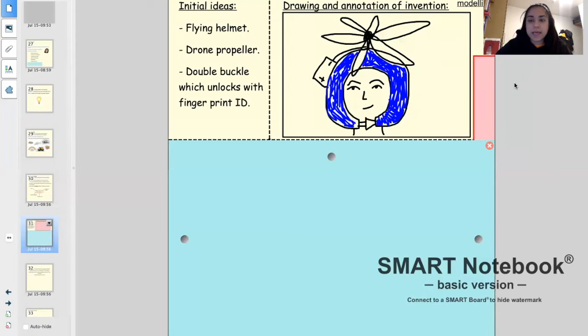Here is my lovely annotation, this is the lovely drawing of my flying helmet. So as you can see, I've got the propeller here. So I'm going to label that drone propeller. And in fact, I'm going to add that these are ultra quiet.